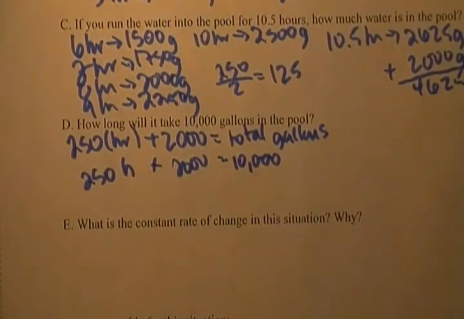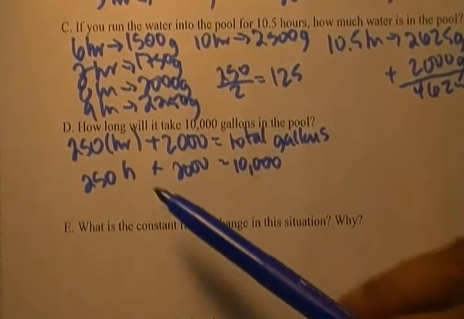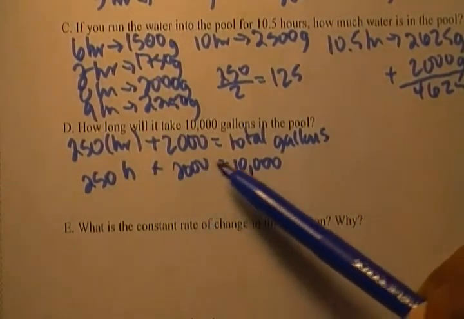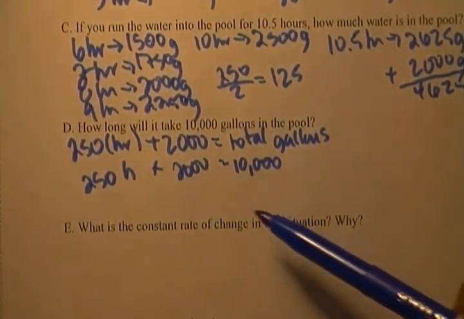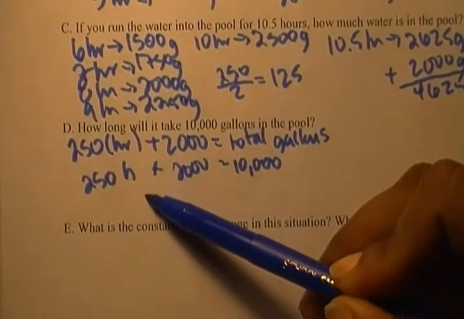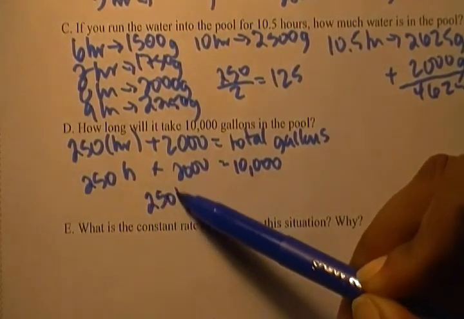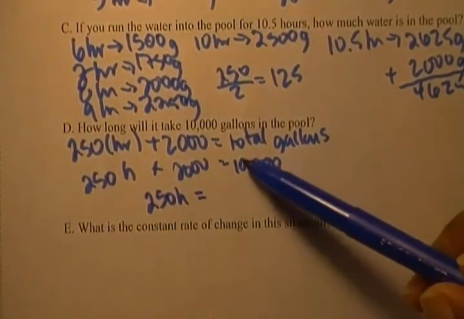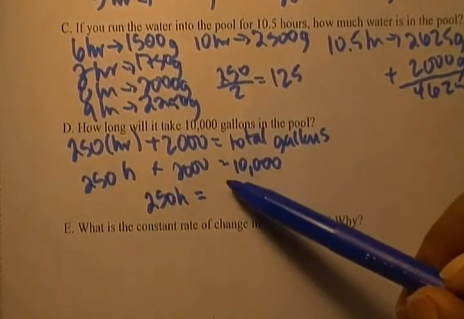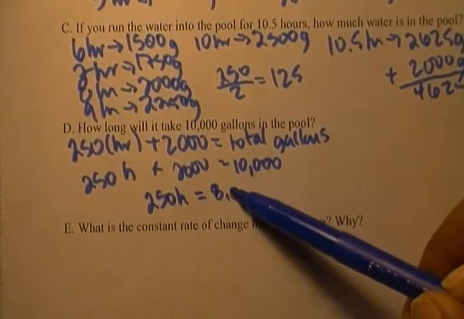This looks like a linear equation we've been working on right along. So with this particular problem, I'm trying to find H. I'm going to subtract 2,000 on both sides. When I do that, on the left hand side I get 250H equal to 10,000 minus 2,000 is 8,000.